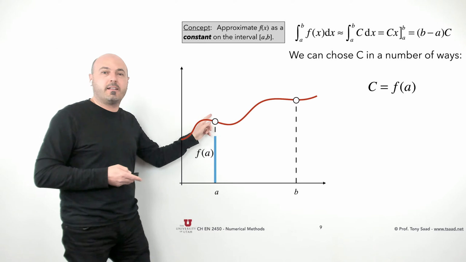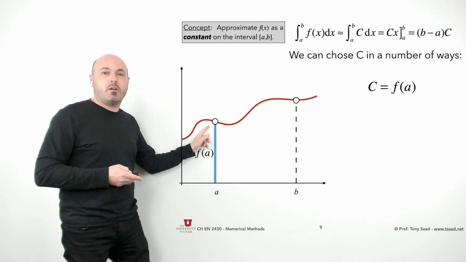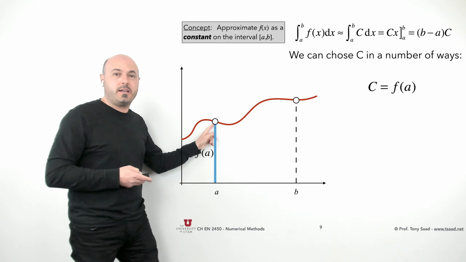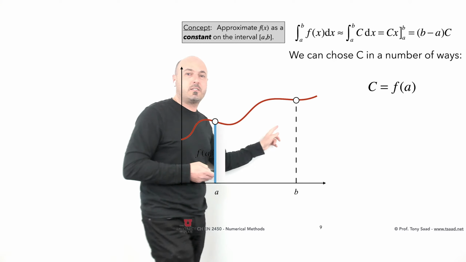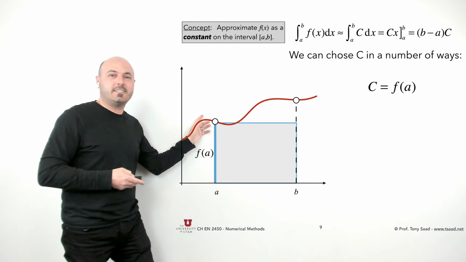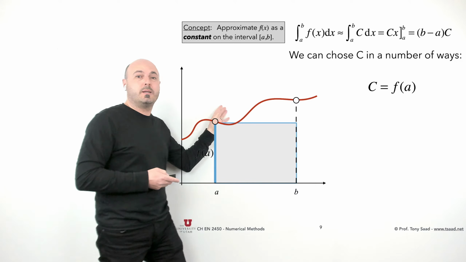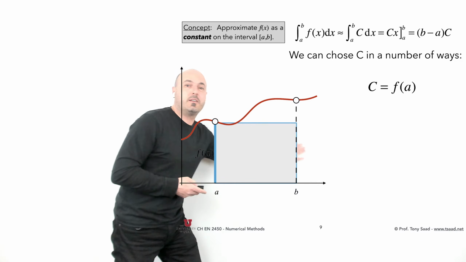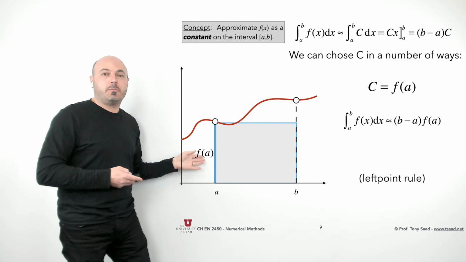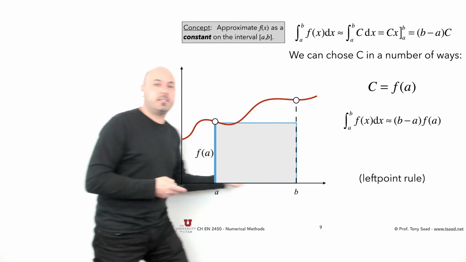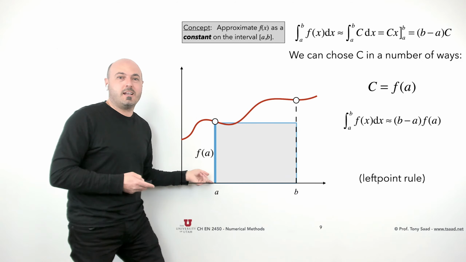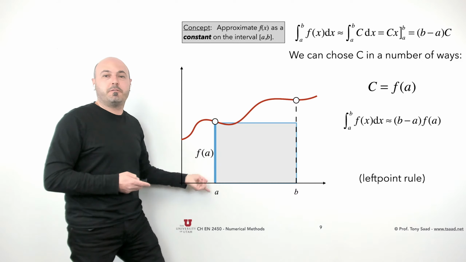So you take that value as your constant. Now, if c is equal to f of a, then you've approximated the entire function as this constant, f of a. So you're approximating the area under the curve by this rectangle. And then simply that's what you get, b minus a, that's one of the sides, times f of a.